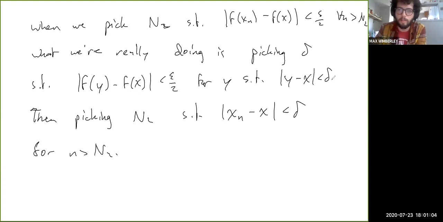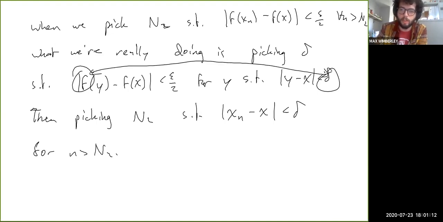So there's a delta associated with the function f itself. This delta corresponds to the limiting function f.